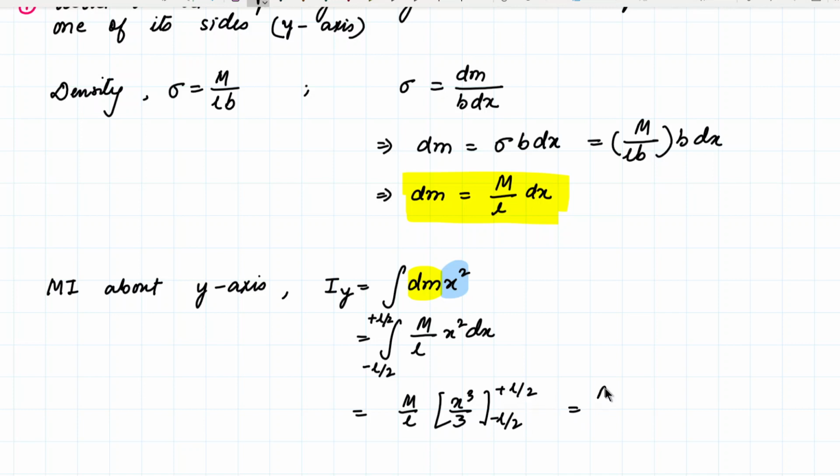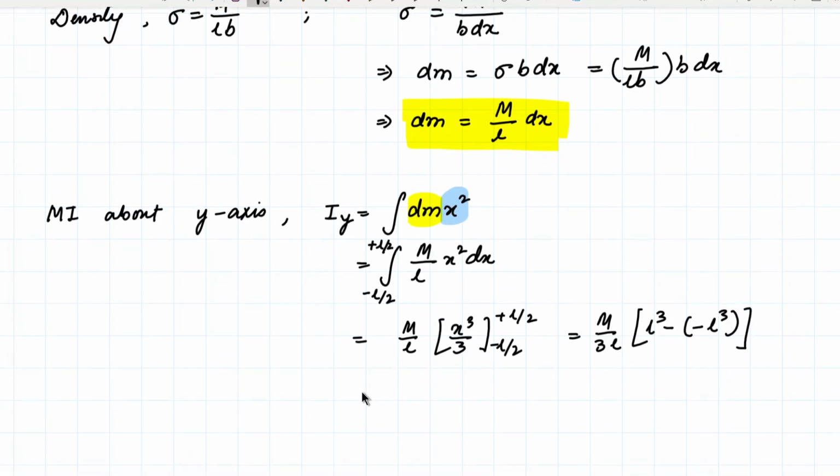So this is equal to m upon 3L, L cube minus L cube.